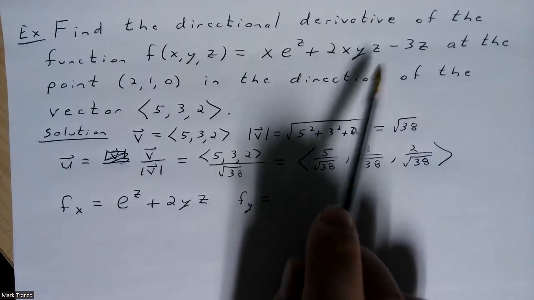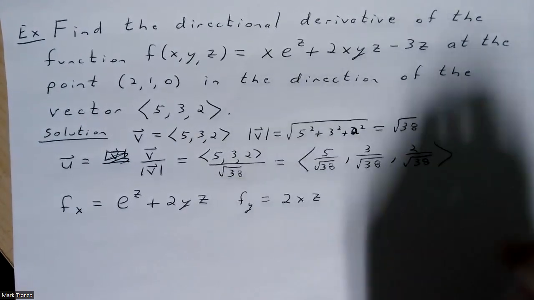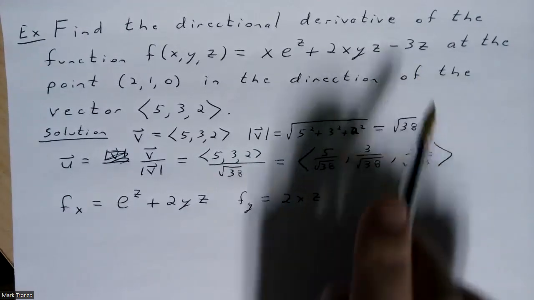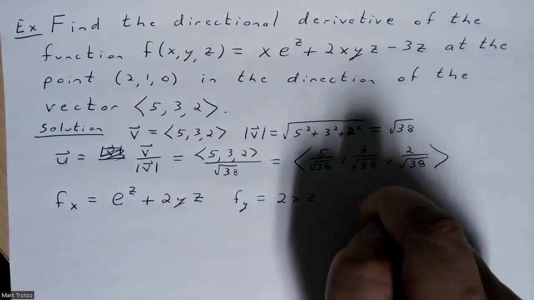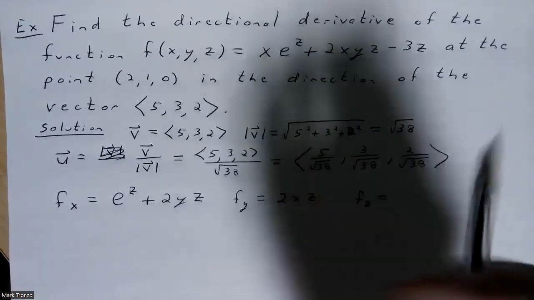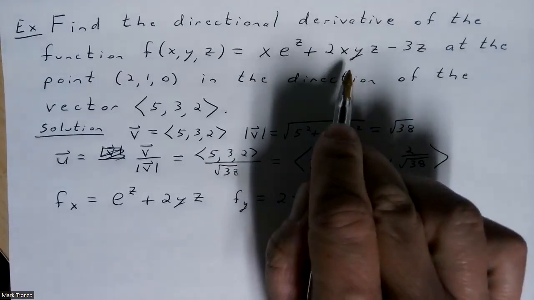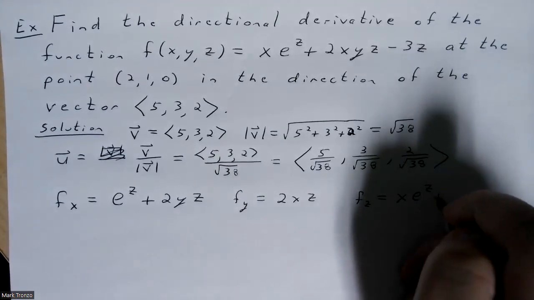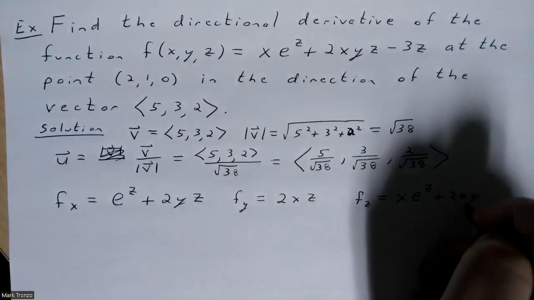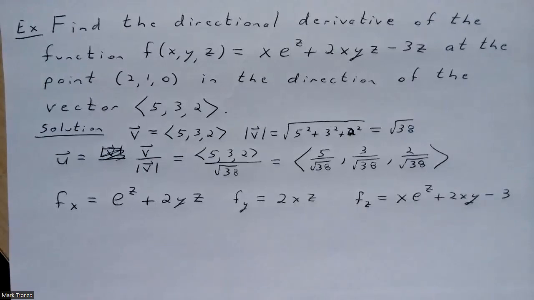We're going to have 2xz. And then that's going to be 0. Then finally want to find fz. That's going to be x e to the z plus 2xy minus 3. Those are our partials. And we're going to put that in the gradient.